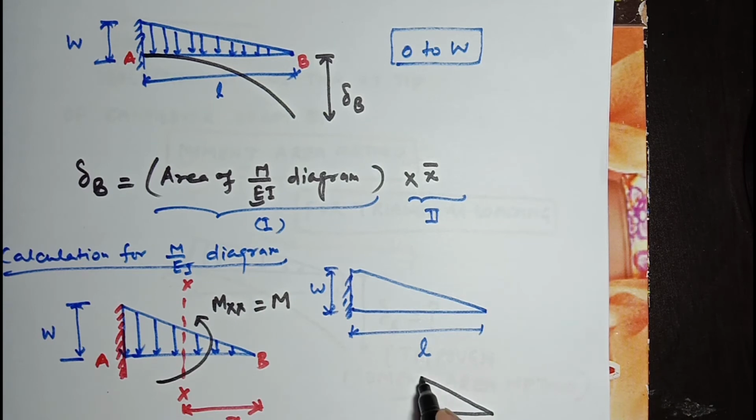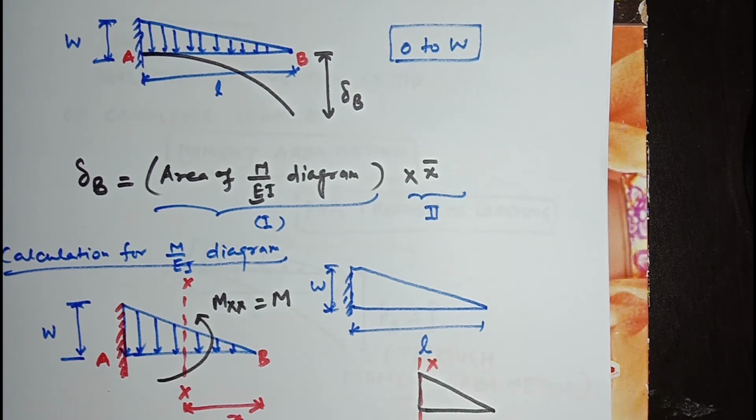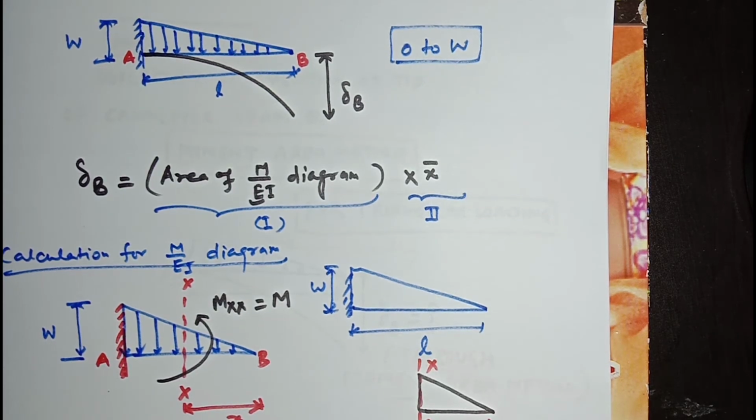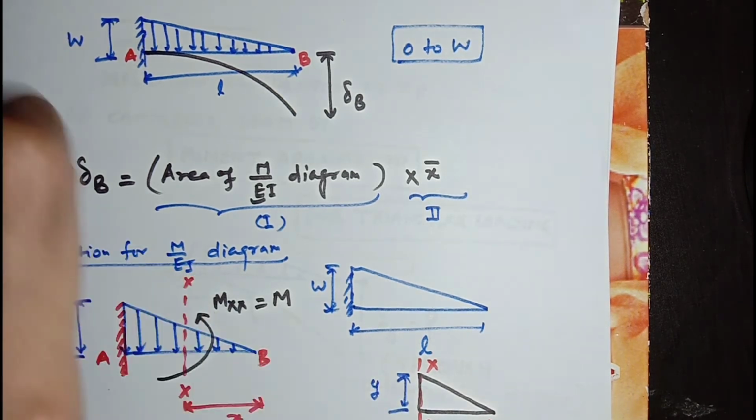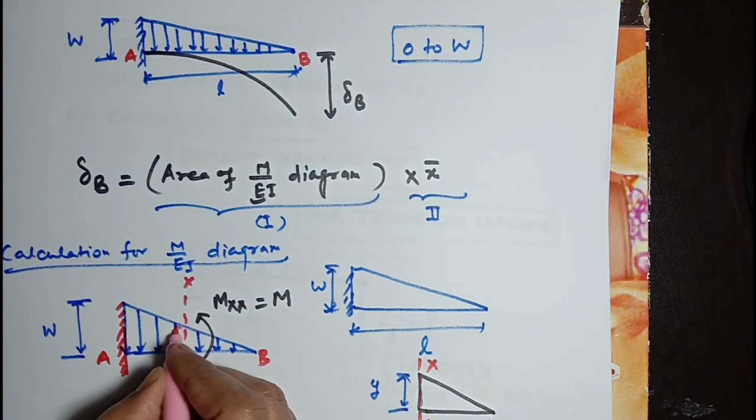Here there is a section XX, the distance is x. Now we need to find this value. Suppose this point is Y. Here we need to find this value Y.